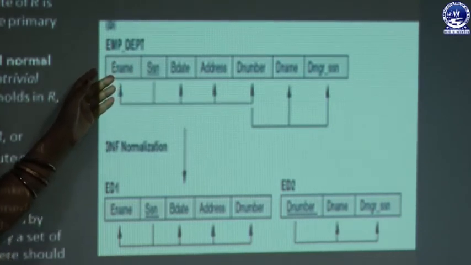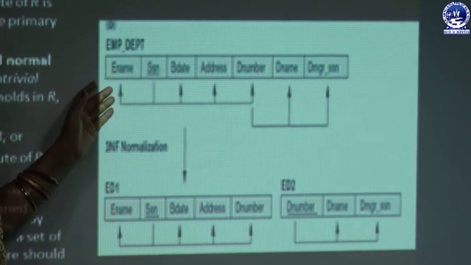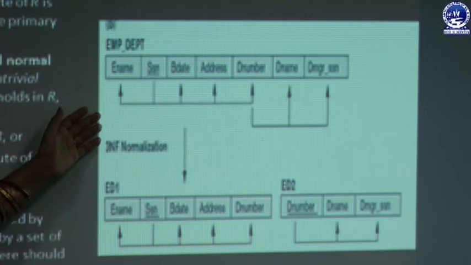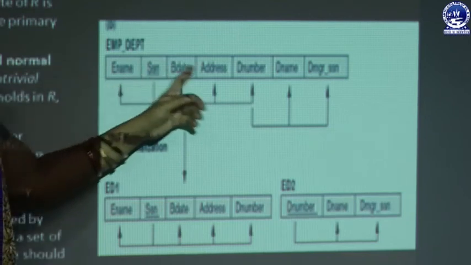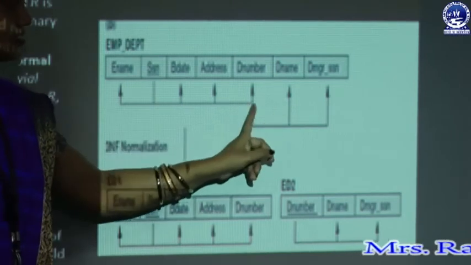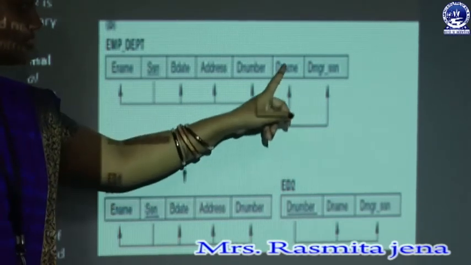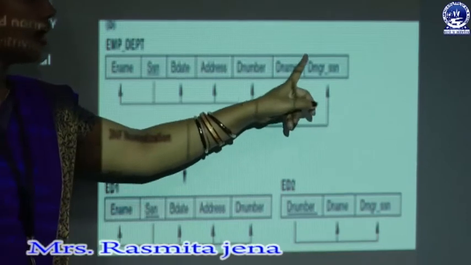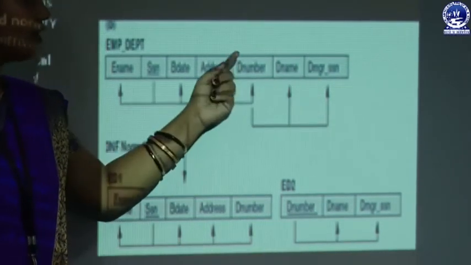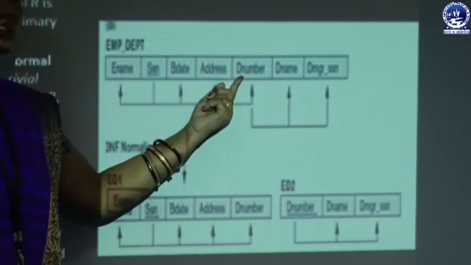Now, you have to check whether this relation is in third NF or not. For the second condition, that there is no transitive dependency, we can see there is a transitive dependency. Dname is a non-key attribute and Dmanager SSN is also a non-key attribute, but they are determined by another non-key attribute, that is Dnumber.